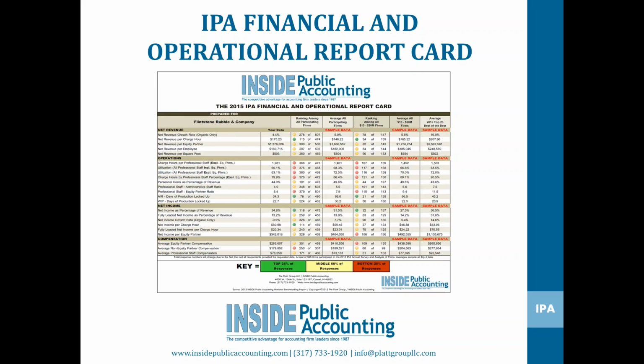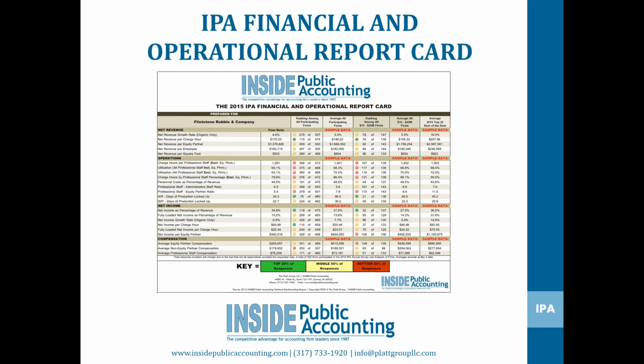You'll also have the opportunity to order a custom IPA benchmarking report card that compares your firm's performance on critical metrics against other firms who participate, other firms close to your size, and the best of the best, with simple green, yellow, and red markers that guide you to areas that your firm is excelling in or needs improvement in.